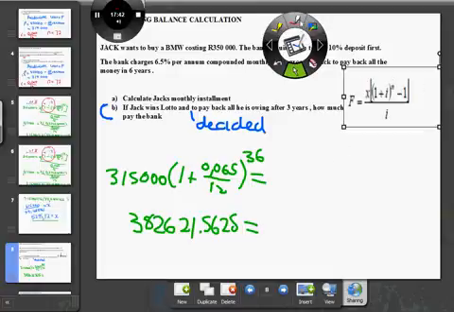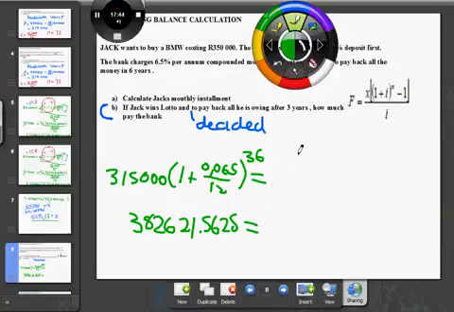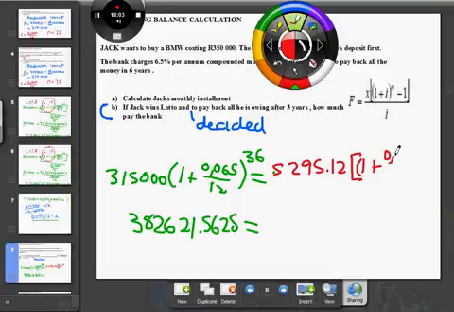So if we're going to substitute, remember our installment is 5295.12, and the rest we just substitute: bracket 1 plus our interest is still the same, 0.065 over 12.